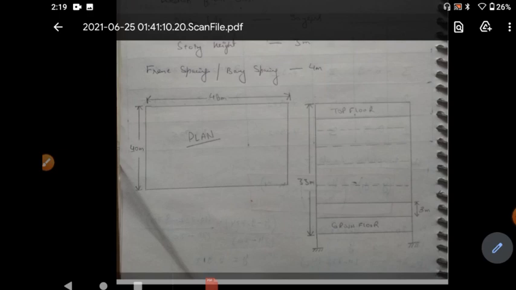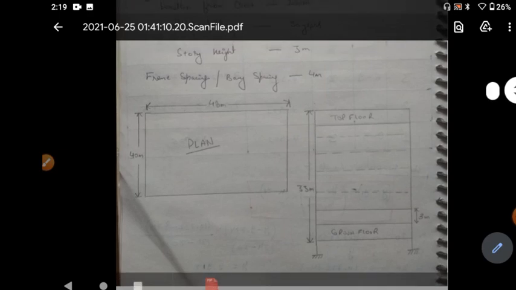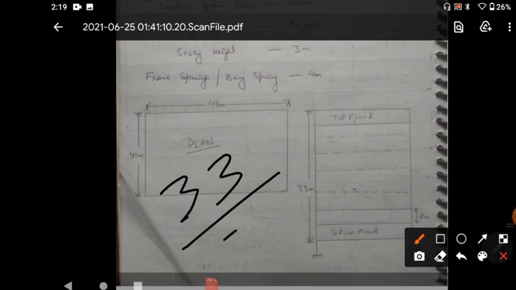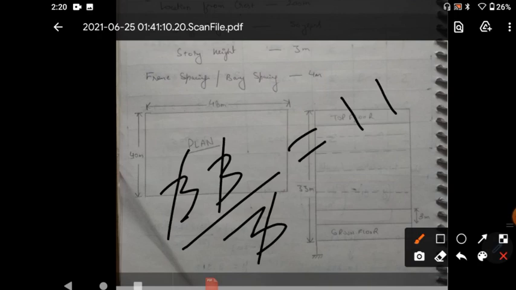We can calculate the number of stories: the total height of 33 meters, when divided by the height of each story, gives us 11. So this is the total number of stories.